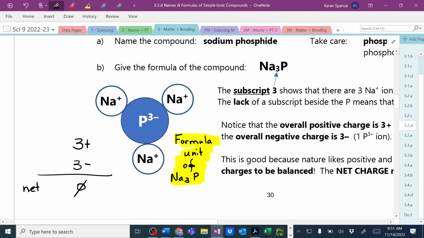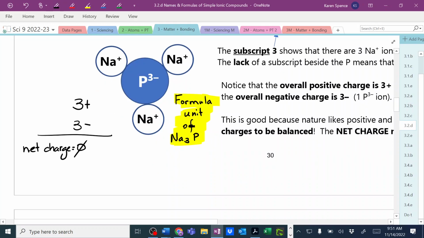The net charge is equal to 0. What does net mean? Overall.